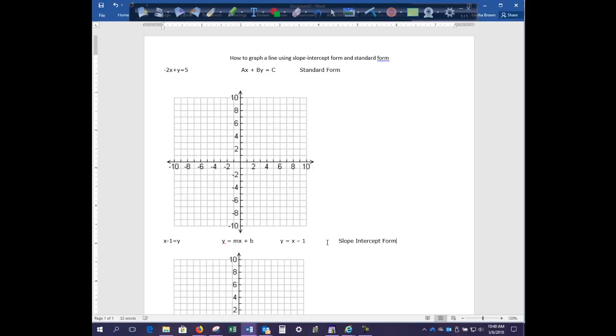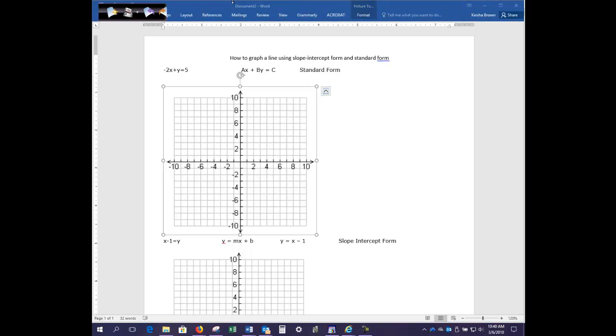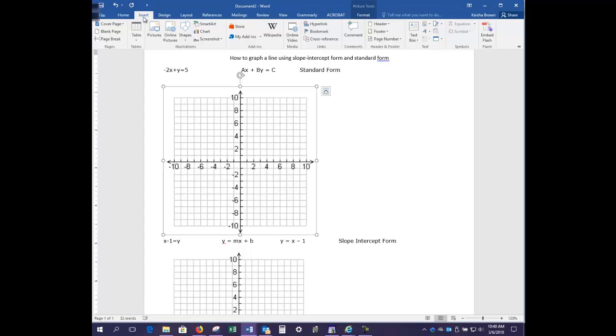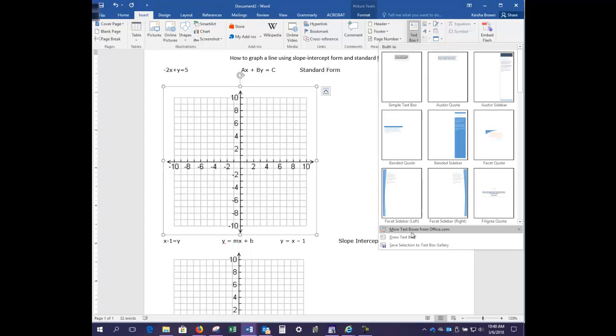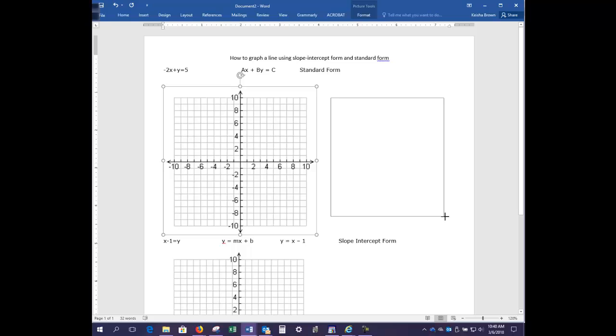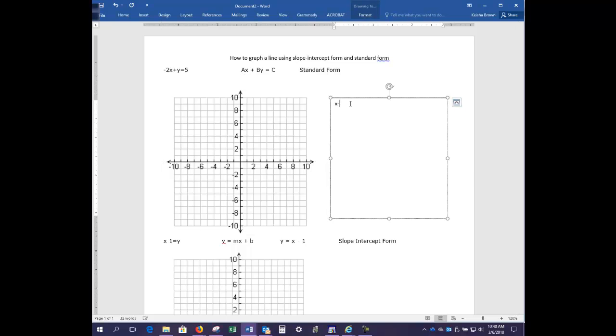With standard form, typically what you would want to do is find your x and y intercepts to graph. This is just one technique for how you can graph. To find your x-intercept, which is where your graph crosses the x-axis, you would set y equal to 0, then solve for x.